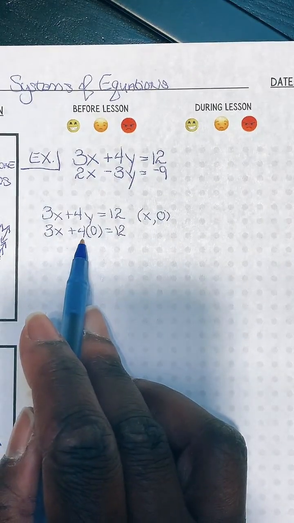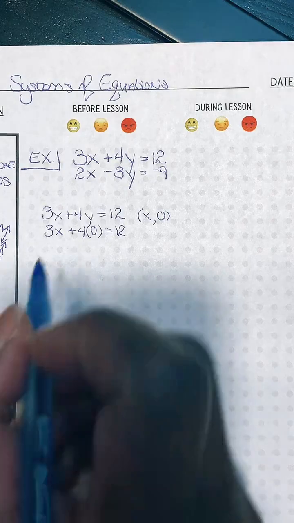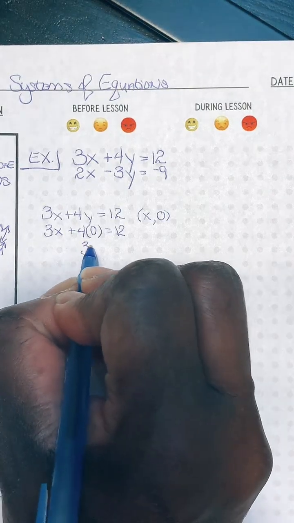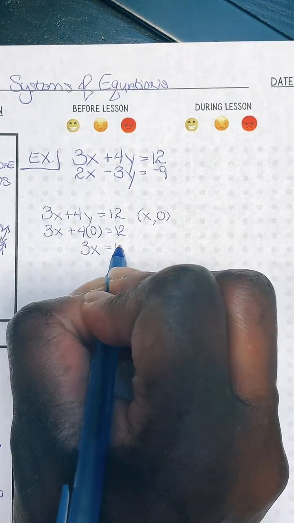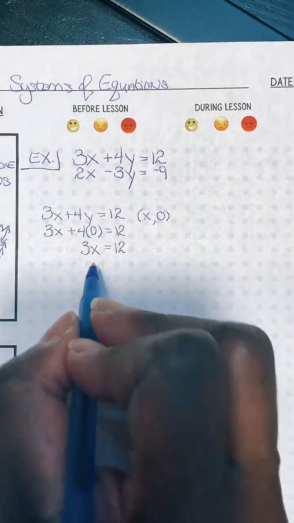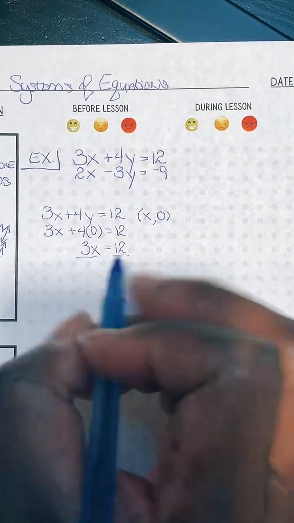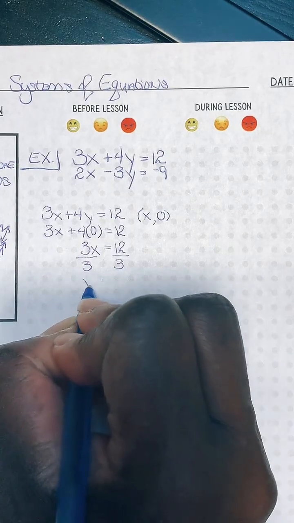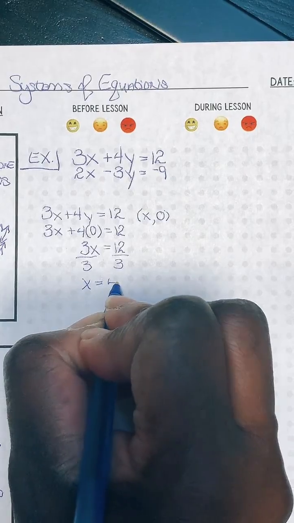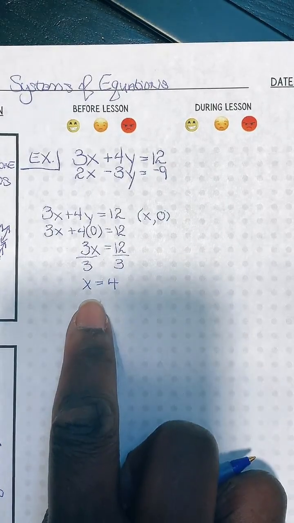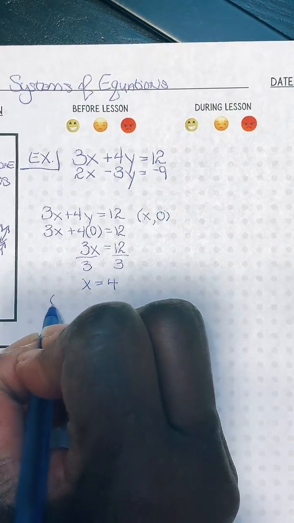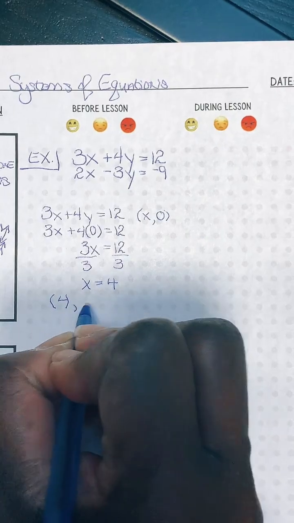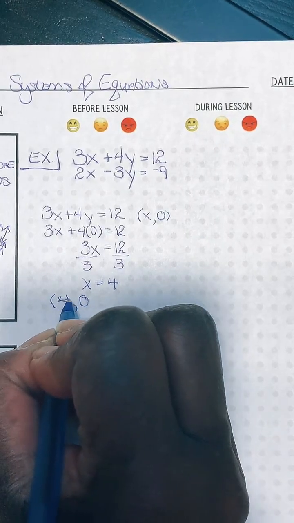Anything times 0 will give me 0. Now I have 3x is equal to 12. If I divide both sides by 3, I'm going to have x is equal to 4. So my x-intercept is going to be (4, 0).